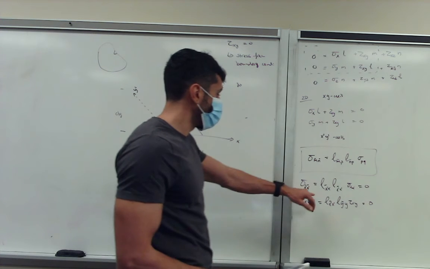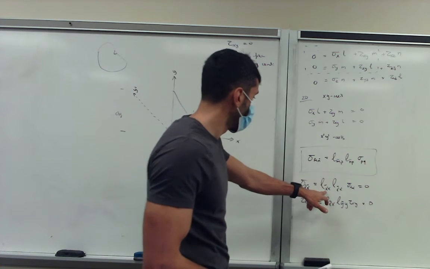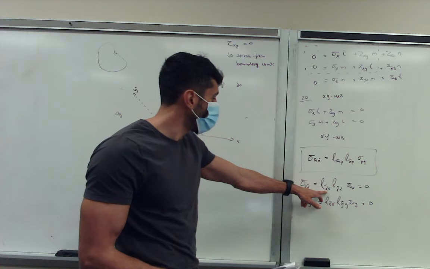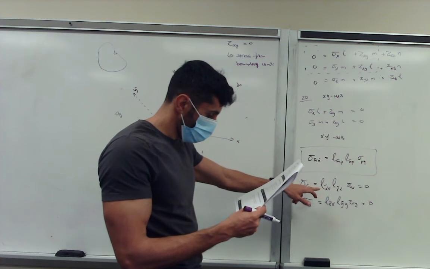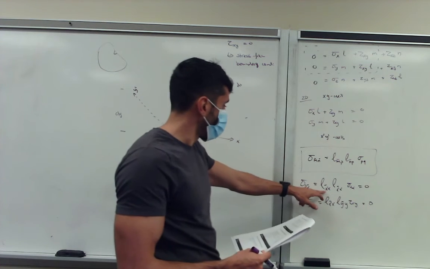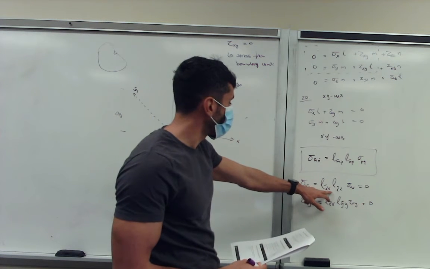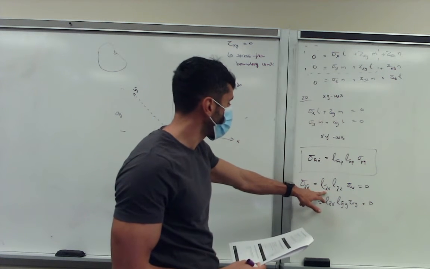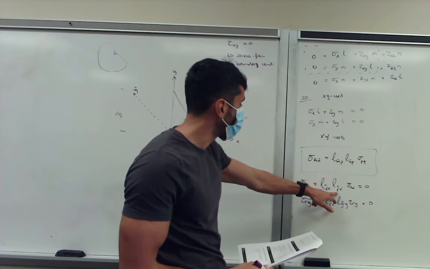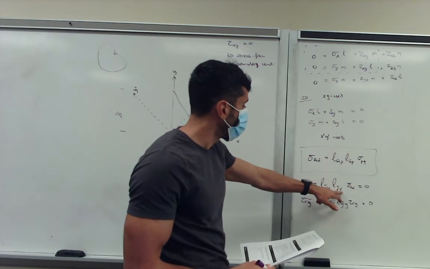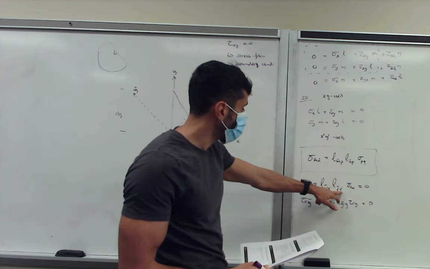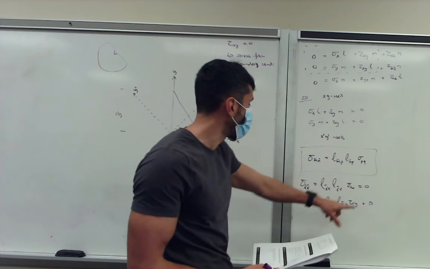What this means basically is the angle between your original x component and the new x component, multiplied with the angle of your new component and your original component xx, should be equal to 0.